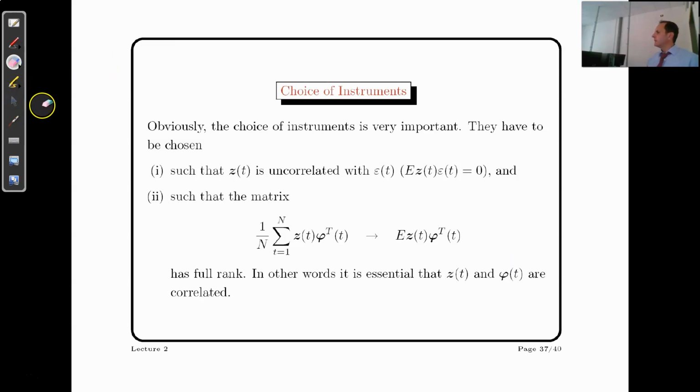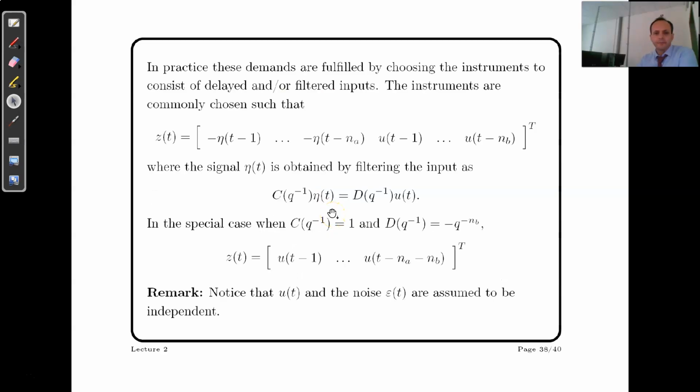To me, it is enough that you just understand what an instrumental variable is. I don't want you to enter into the details of how to generate the instruments, just to have a very light idea of this method. And of course, this works because you have the other assumption, as we said, that U is uncorrelated with epsilon.